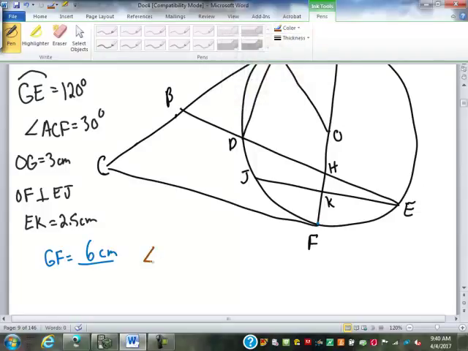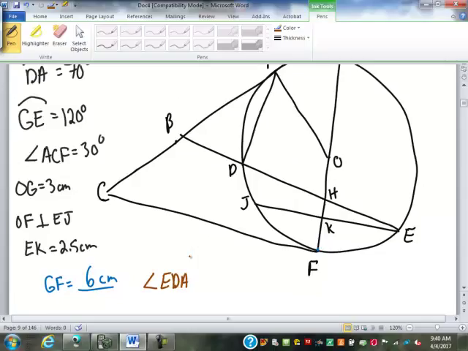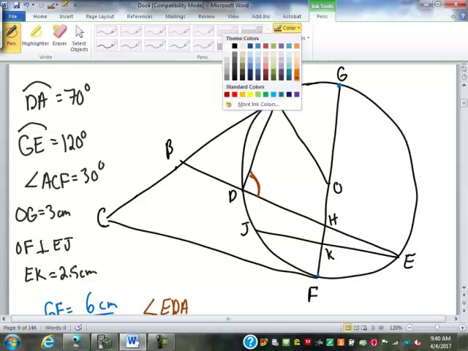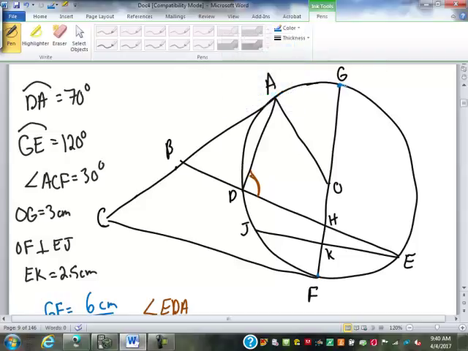If I ask you to find angle EDA, EDA is right here. Well, let's label what we know here. We know GE is 120 degrees.